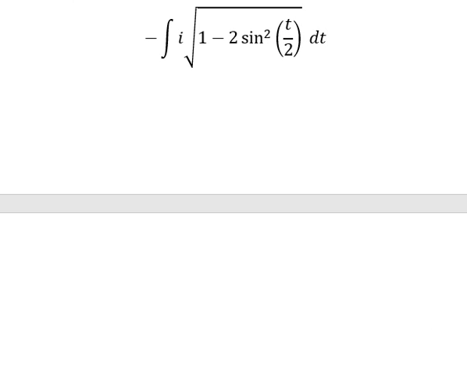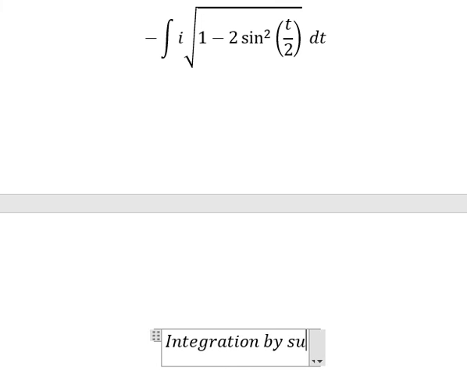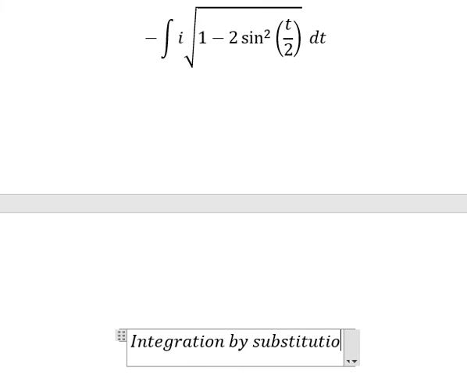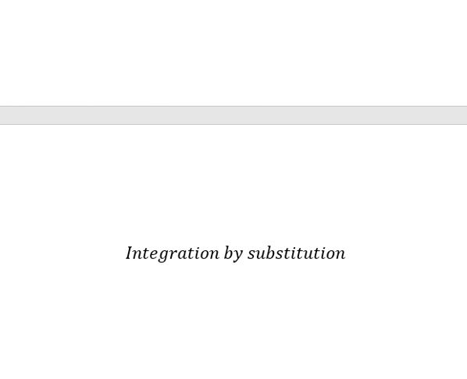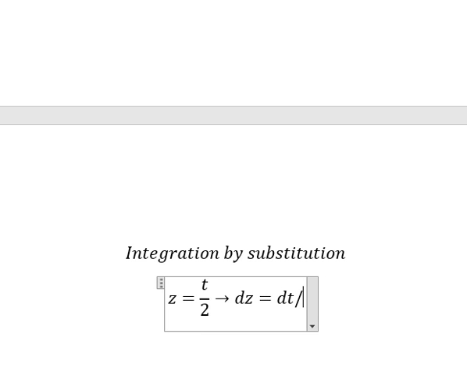Next, we can use integration by substitution. So I will put z equals t over number 2. Later, we need to first take the derivative of both sides, and we have like this.